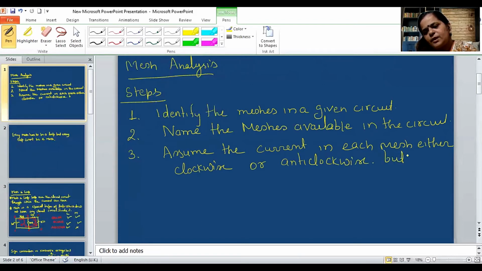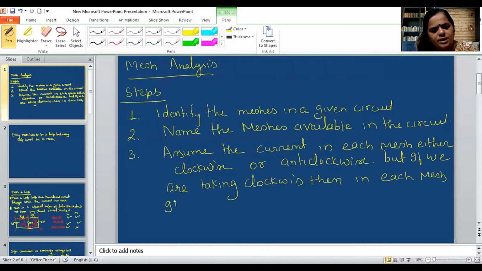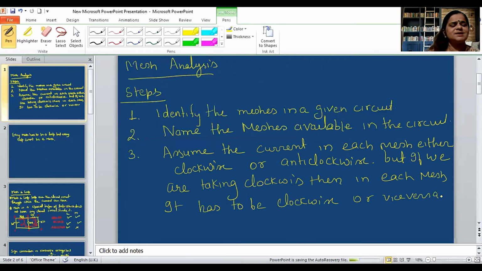But if we are taking clockwise, then in each mesh it has to be clockwise. Or vice versa. That means if we are taking anti-clockwise, then every mesh has to be anti-clockwise.